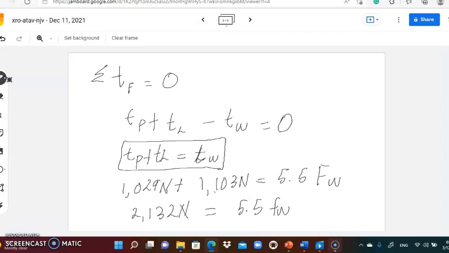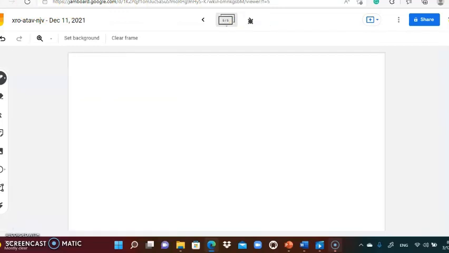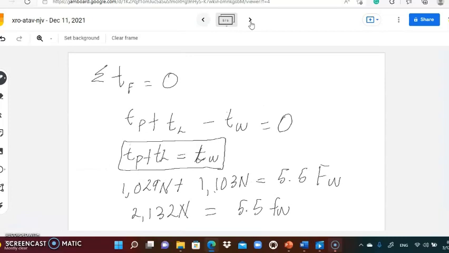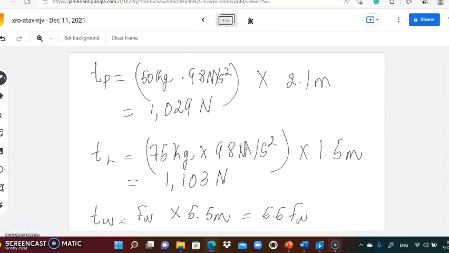All right. Now that I have that, I know that the force that is being exerted by the wall is going to be equal to 2,132 newton meters divided by 5.5.